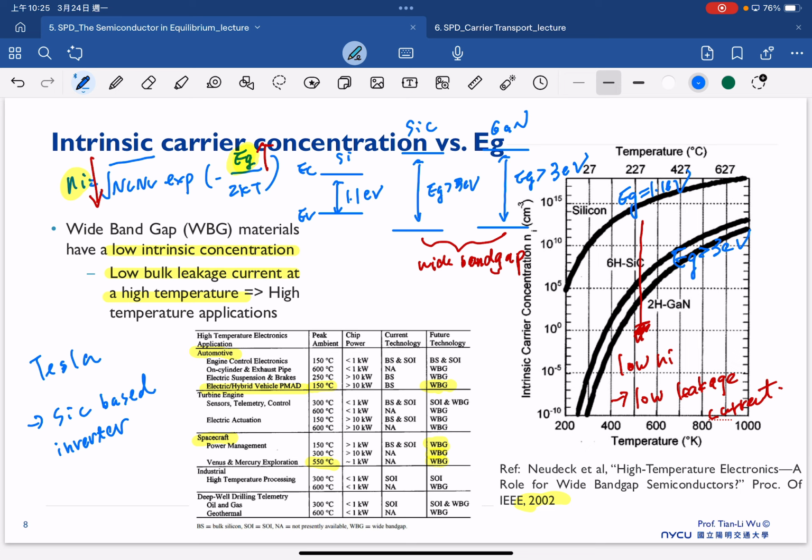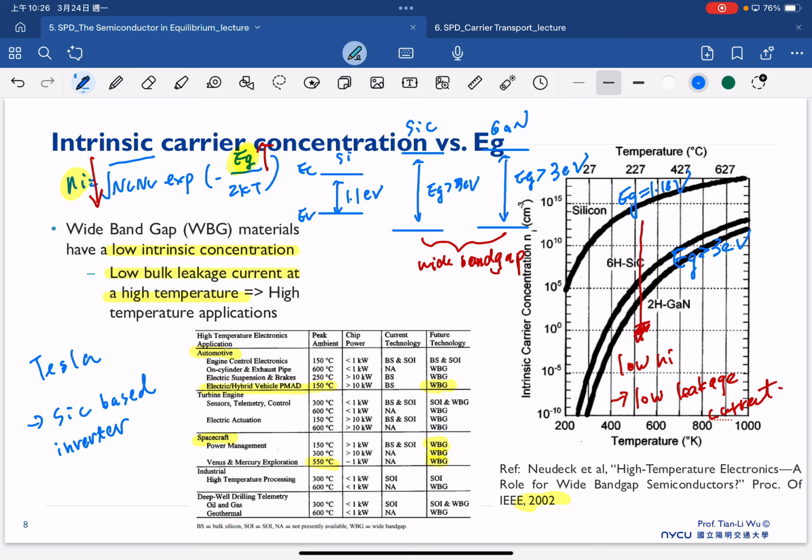Actually, everything that can generate lots of heat and consume lots of energy always needs to be considered as high temperature electronics, because we want to make sure that those systems operating in the high temperature environment can be stable. So the Tesla electric vehicle is one example, where nowadays everyone is using the silicon carbide based inverter.